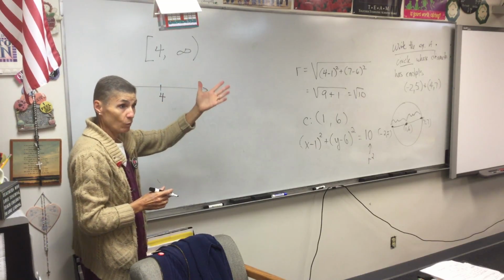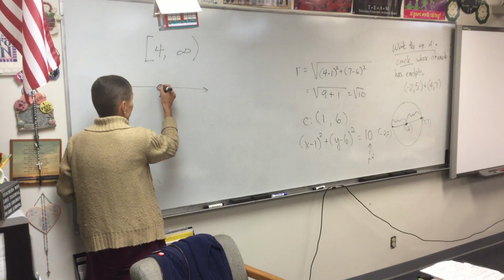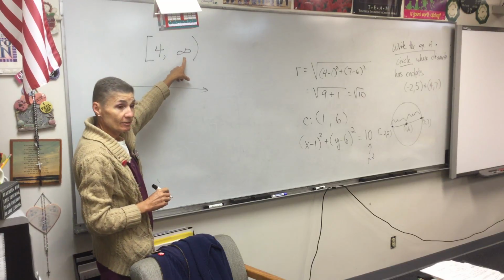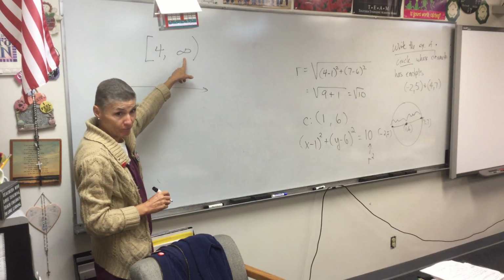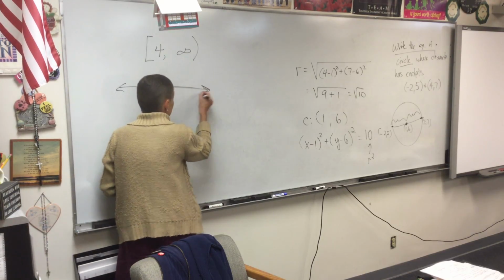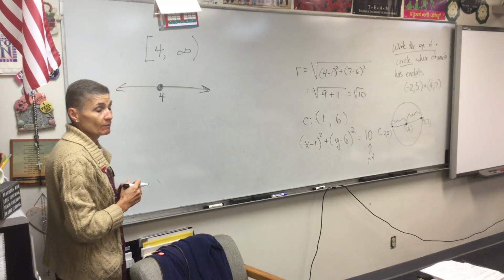You only have one, it's a 4. That bracket tells you at 4 you're going to have a closed dot. The infinity tells you you're going one direction forever. Since it's a positive infinity, we're heading this way. Everybody good with that?